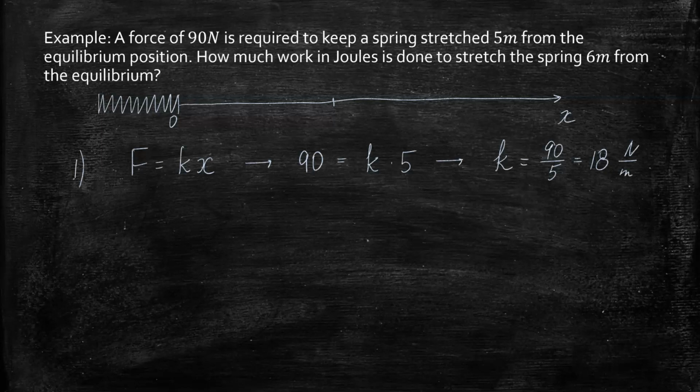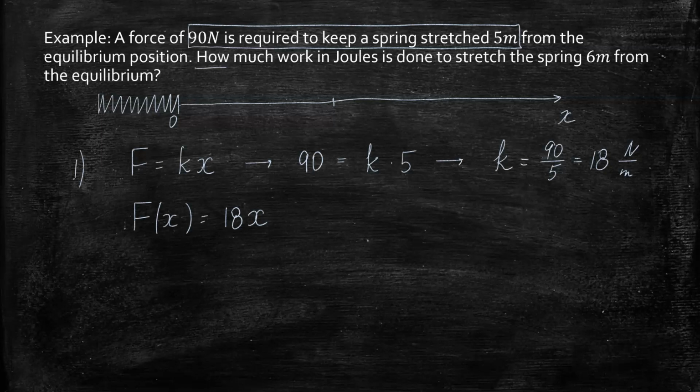For every meter, it takes an additional 18 newtons to hold that spring. And now that we know k, we have a formula for F as a function of x. So it's going to be 18x. Once again, all of this we did just by reading the first part of the first sentence.